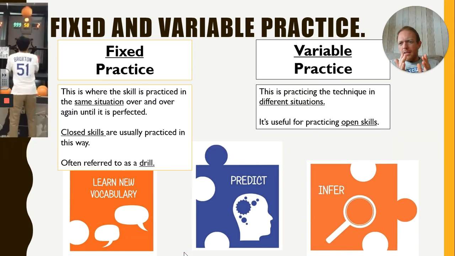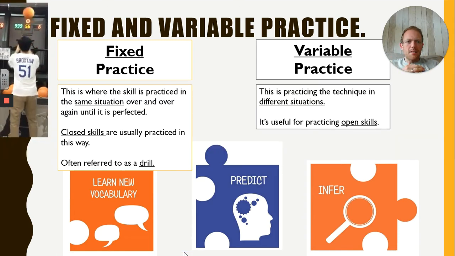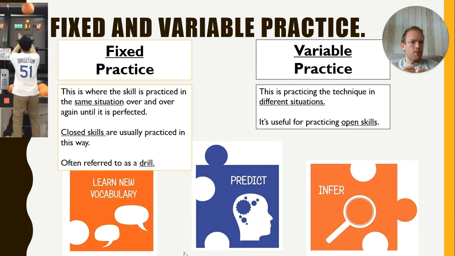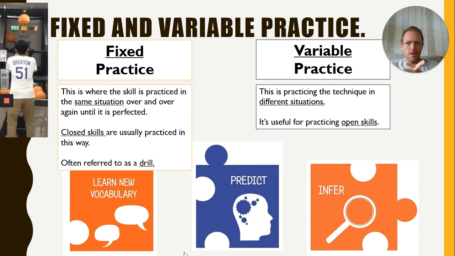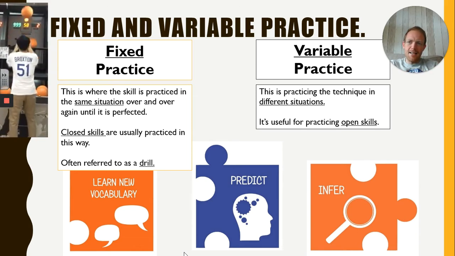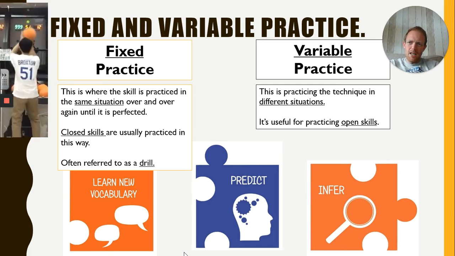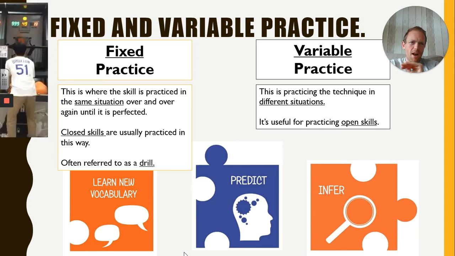So with a fixed practice, it's the same practice, same situation over and over again. Nothing's changed. If you see this guy in an arcade, he's the machine, isn't he? Look at him just over and over again, throwing that basketball into the hoop. There's no variables in there.